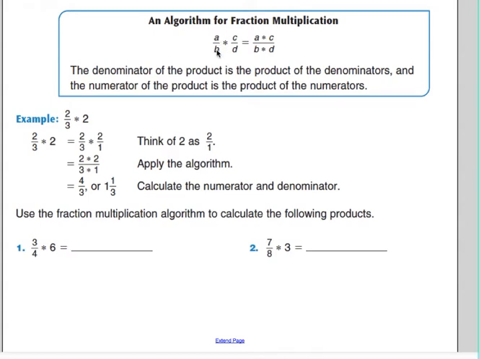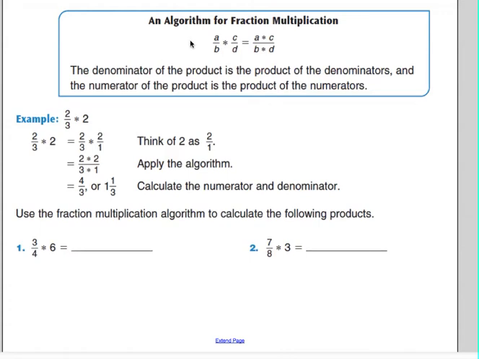It says a over b, that's just meant to represent a fraction, any number over another number, times c over d, a fraction times a fraction, equals a times c, those are our two numerators, over b times d, those are our two denominators. And it says the denominator of the product is the product of the denominators, and the numerator of the product is the product of the numerators.